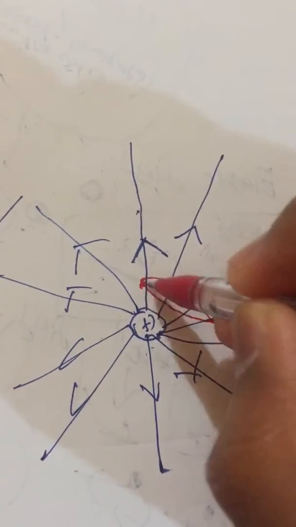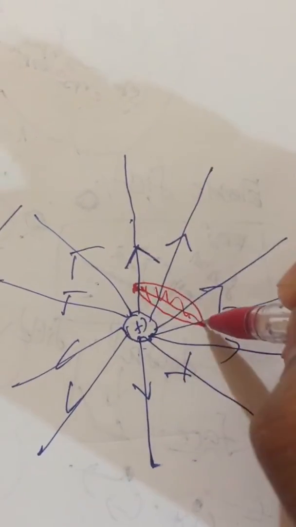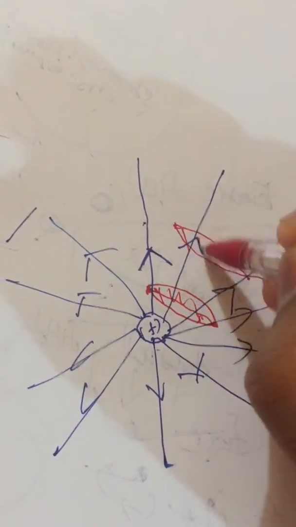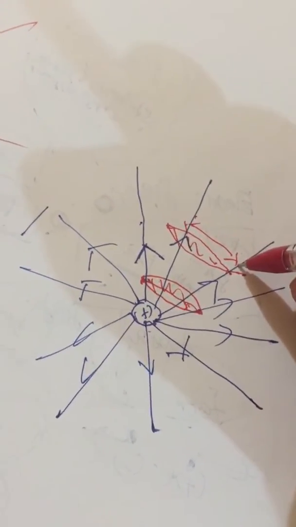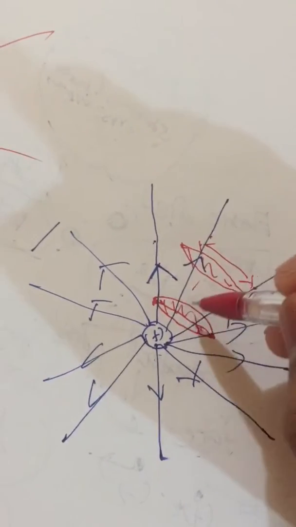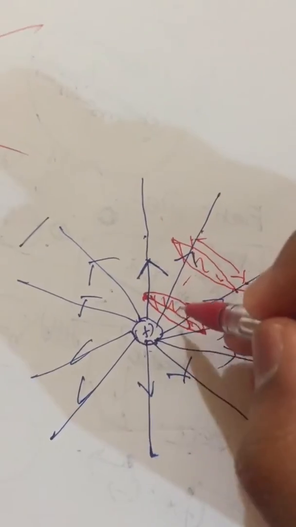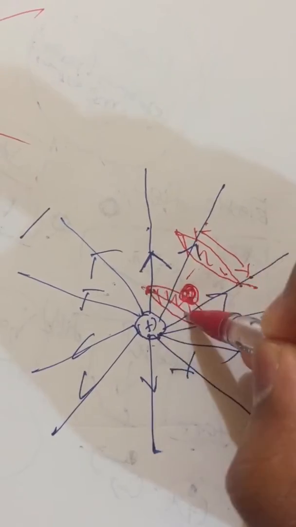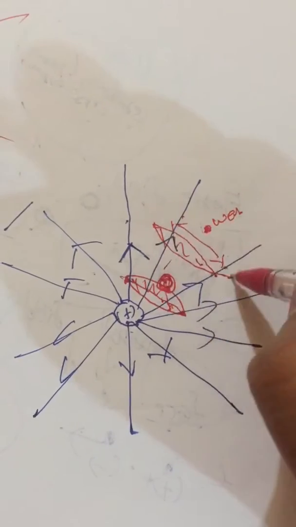There are about 4 lines passing through this much area. But if you put the same size of area here, only 2 lines will pass through it. That means the field lines are far apart here. We use the gap between the field lines to denote the strength of the field. That means the field strength is very large here because the lines are closer, and the field strength is weak here because the lines are far apart.